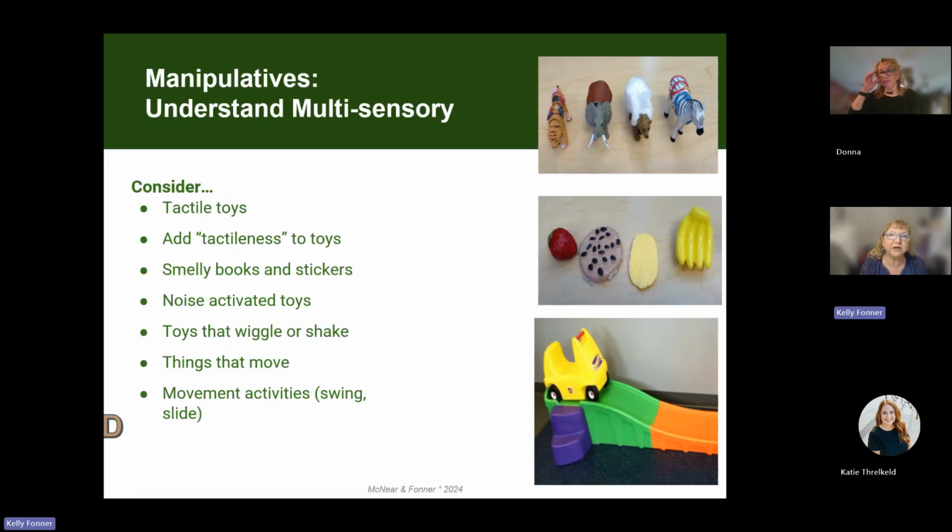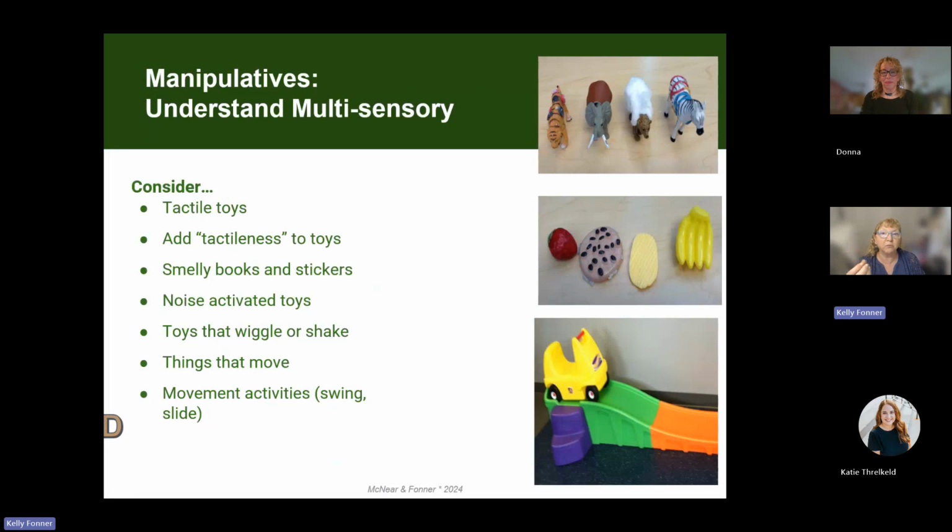And just in case you didn't notice, that picture on the upper right, when Donna was talking about adding to the tactileness of toys, essentially there are four-legged zoo animals, wild animals in that picture. But if you were to close your eyes and touch them, you're really just feeling a body and maybe some difference in ears and the four legs.